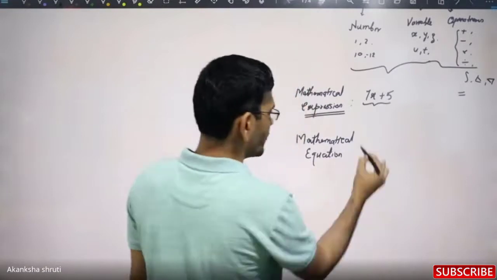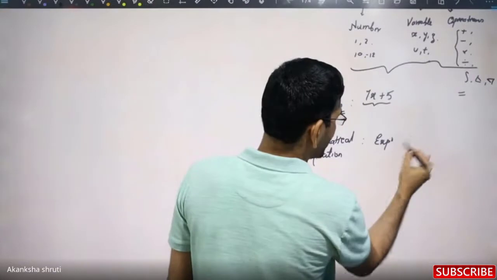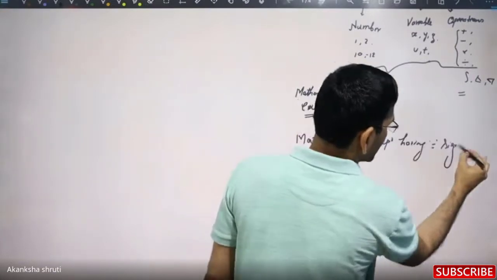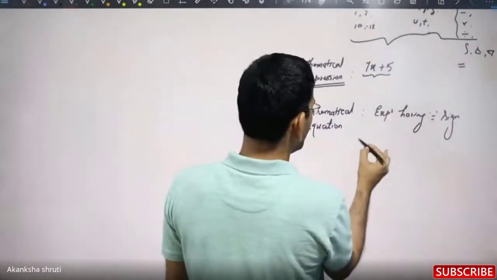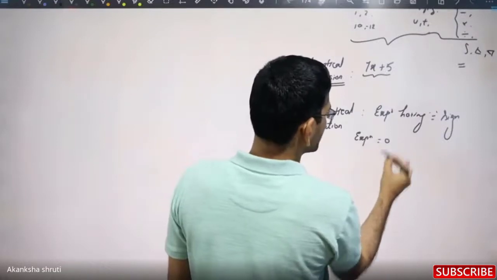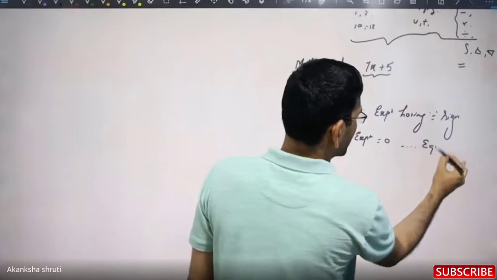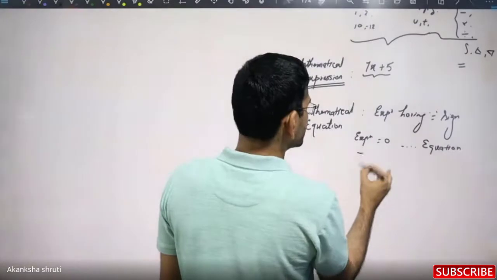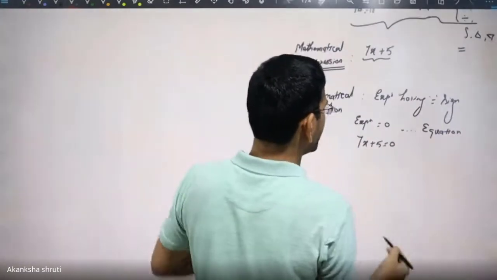Students, when an expression or mathematical expression has an equal sign in between or anywhere, for example, when this expression is equated to 0, it gets converted into an equation. Keep in mind. Example, when this 7x plus 5 is equated to 0, it becomes an equation.